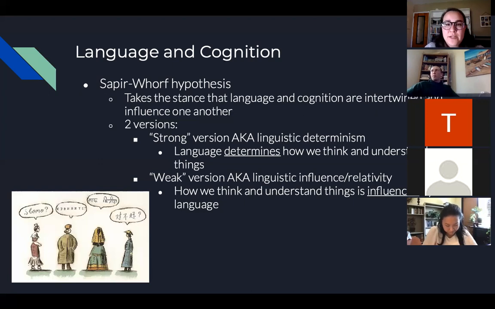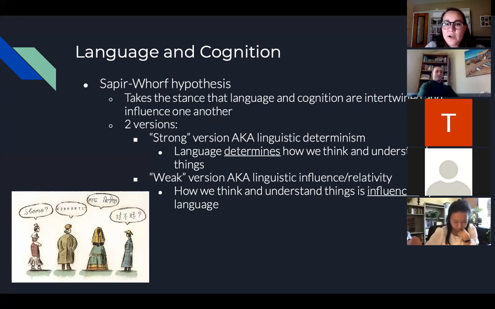And Chase, you're bringing up a great point. As we continue comparing and contrasting the two versions of this hypothesis, we'll see that there are actually some problems. And again, if we have this more black and white understanding of it being either this or this, most of the time that doesn't account for everything that actually takes place.